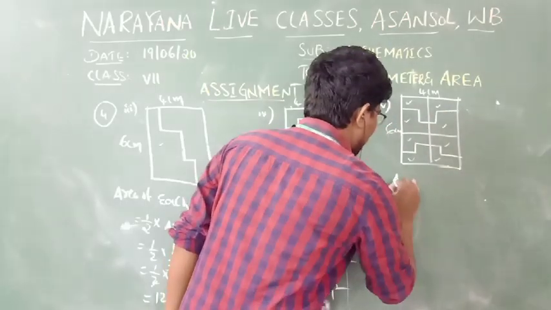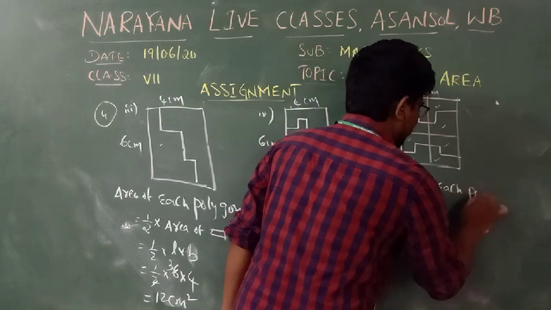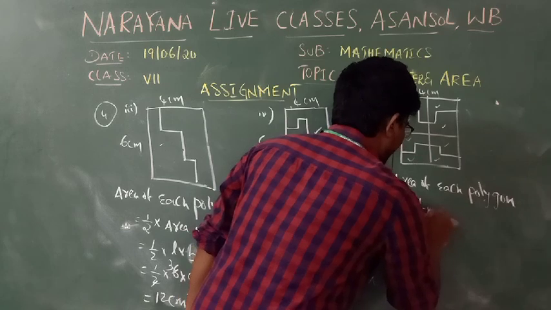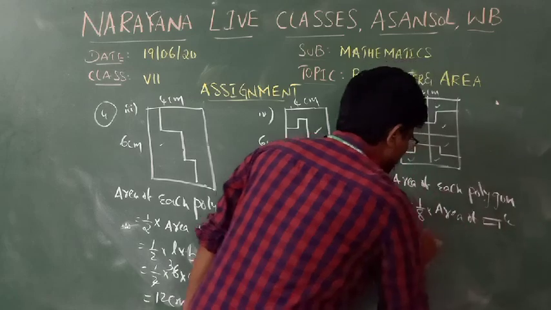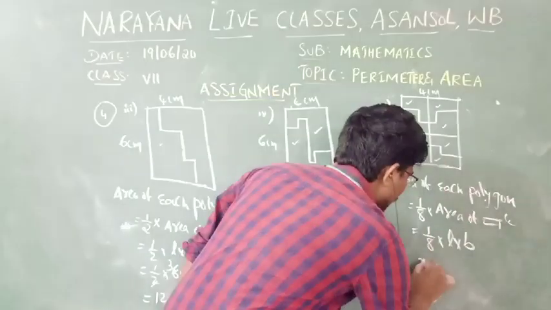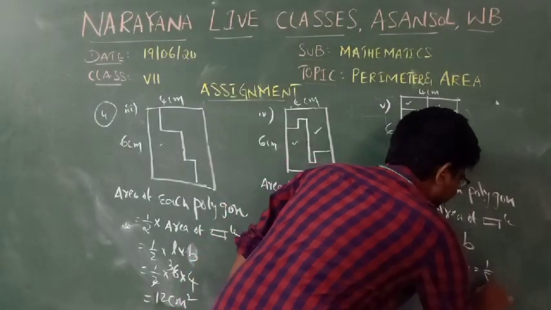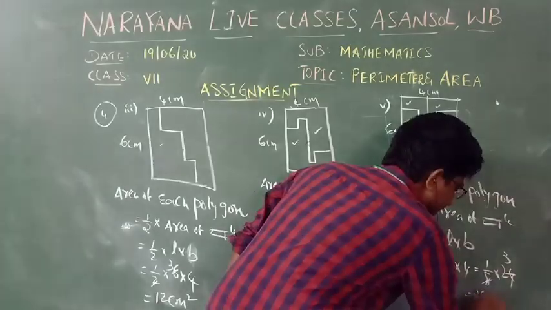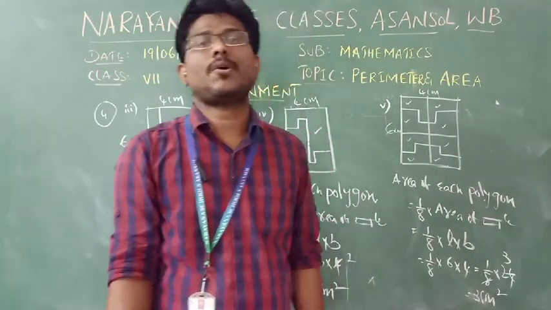Then what is the area of each polygon? Area of each polygon is 1 by 8 into area of rectangle. That is 1 by 8 into length into breadth, 1 by 8 into 6 into 4, 1 by 8 into 24. 8 ones are 8, 8 threes are 24. That is 3 centimeter square, the area of each polygon.